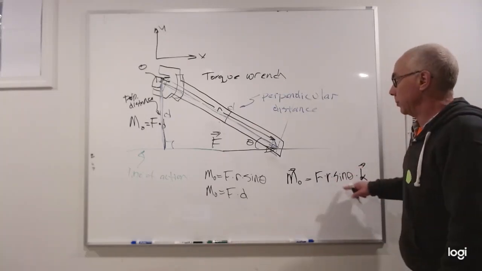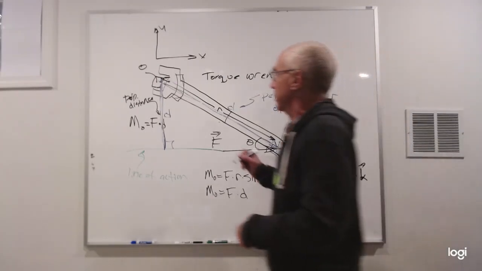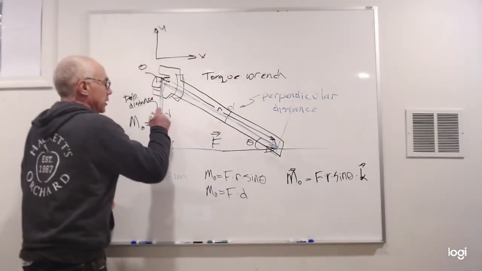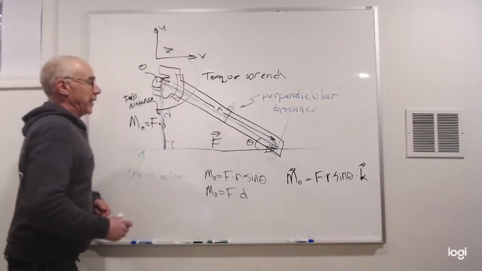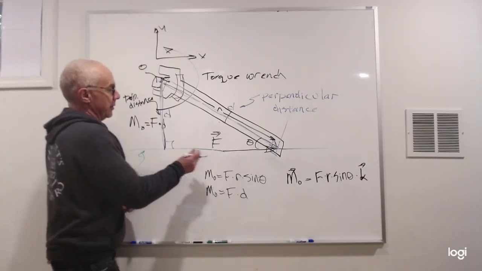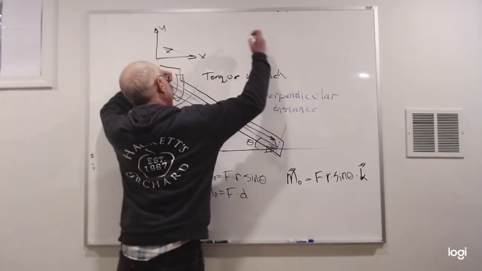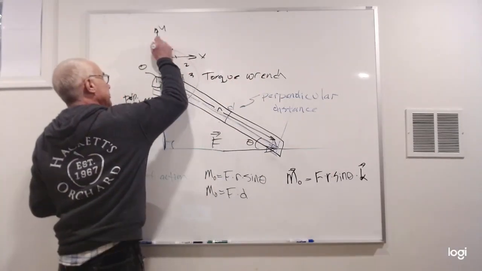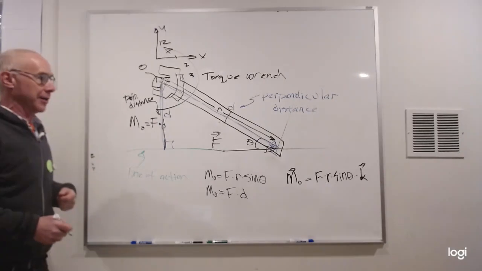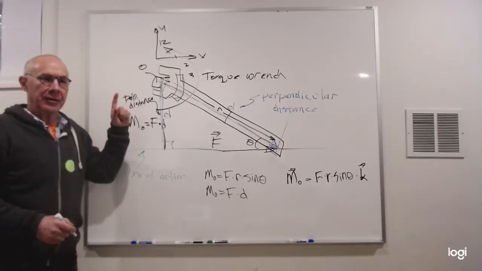The convention that we're going to use is that if you have a counterclockwise rotation, which in fact this is, because we're holding this here and pushing this up in this direction, so it's like we're going from 3, 2, 1, 12, counterclockwise, that's going to be defined as a positive moment vector.